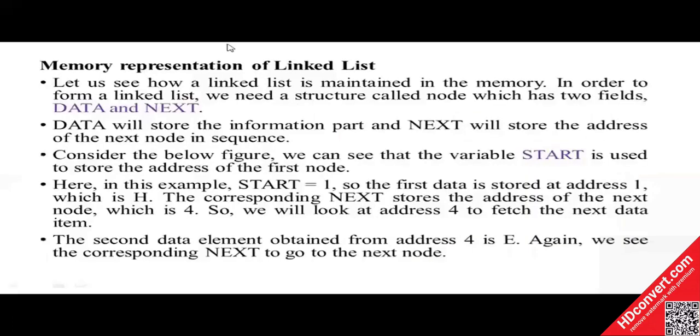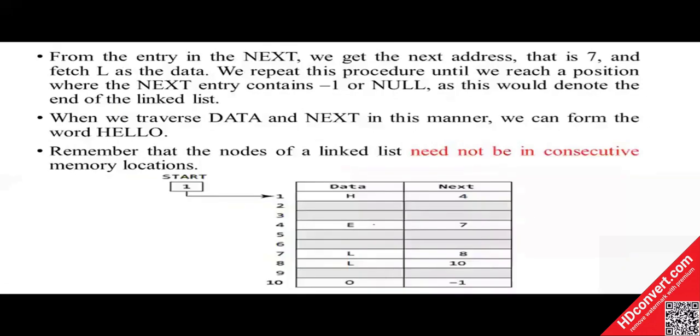How the linked list is represented in memory is our next topic. So see, this is an example. In this example, I have stored the word hello. This word hello is stored using the data structure linked list.